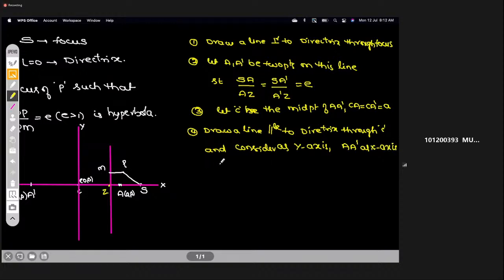So automatically what happens? C will be 0, 0. A will be A, 0. A prime will be minus A, 0. These are all we have done already.